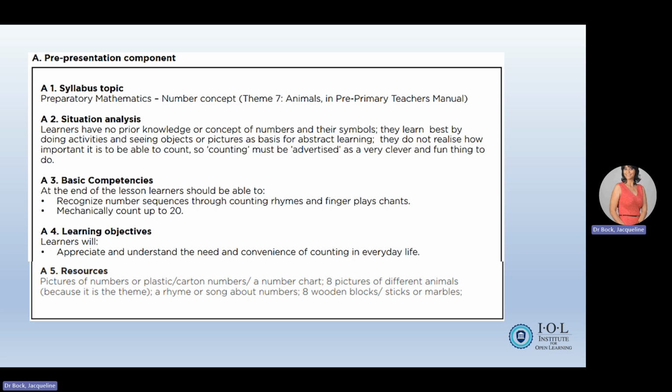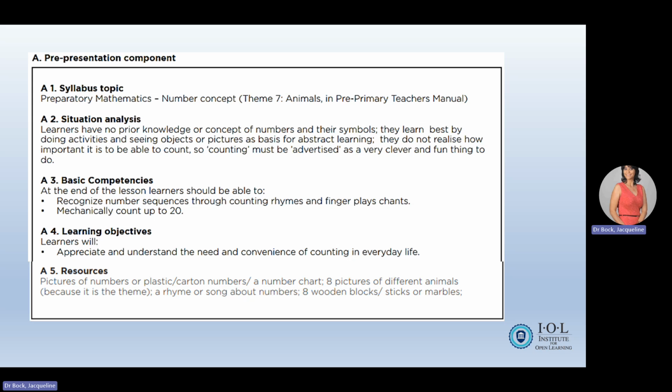The word should is always part of the introductory sentence, and it will start with a measurable verb: recognize number sequences through counting, rhymes, and finger plays, chants. So we see here that this is taken verbatim, word by word, from your syllabus. So: mechanically count up to 20, very precise, measurable.